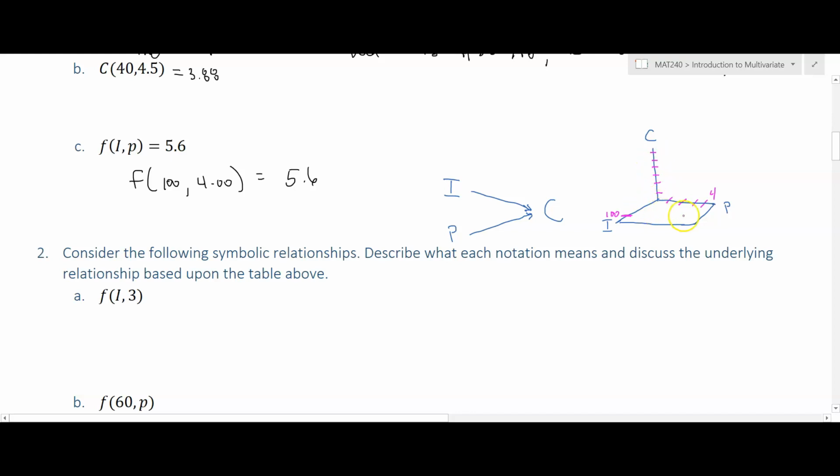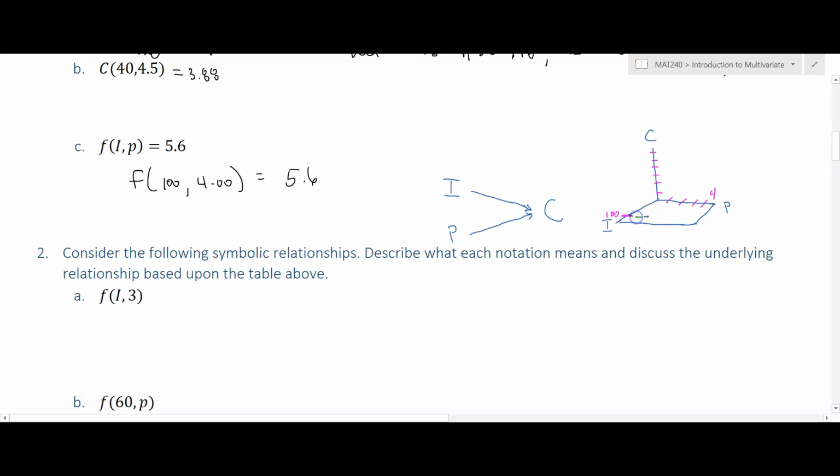Now the thing is, the hard part about plotting in three dimensions is perspective, because as we're over here, that point is not going to quite go up this high to 5.6. It's only going to go up that same distance, but located where these two points intersect.